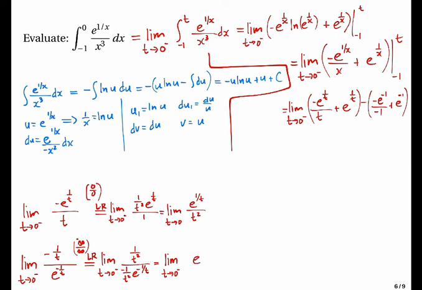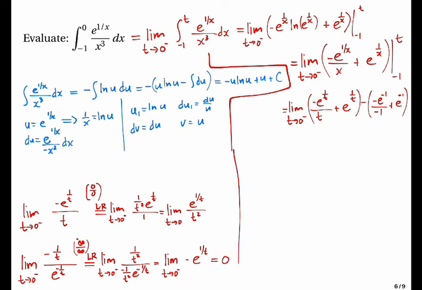So e to the 1 over t now. Even if we have the negative there, as t approaches 0 from the left, 1 over t will go to negative infinity, and e to the negative infinity, that's just 0. So this guy here is equal to 0.